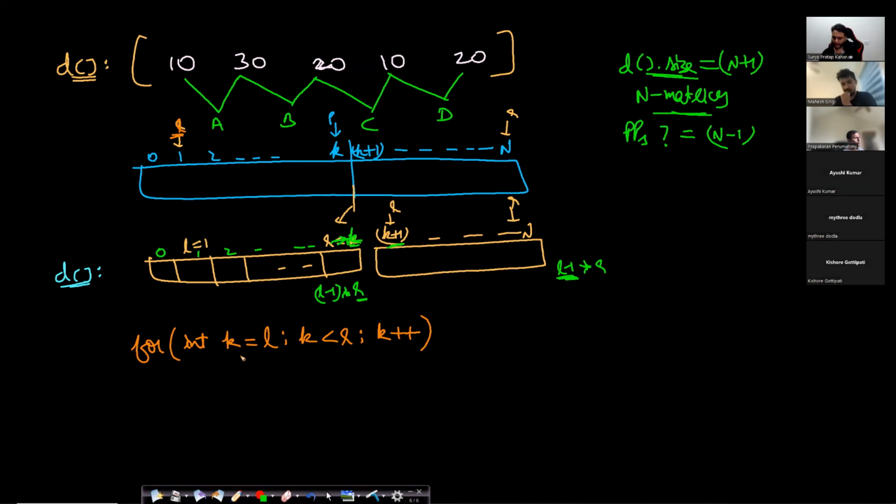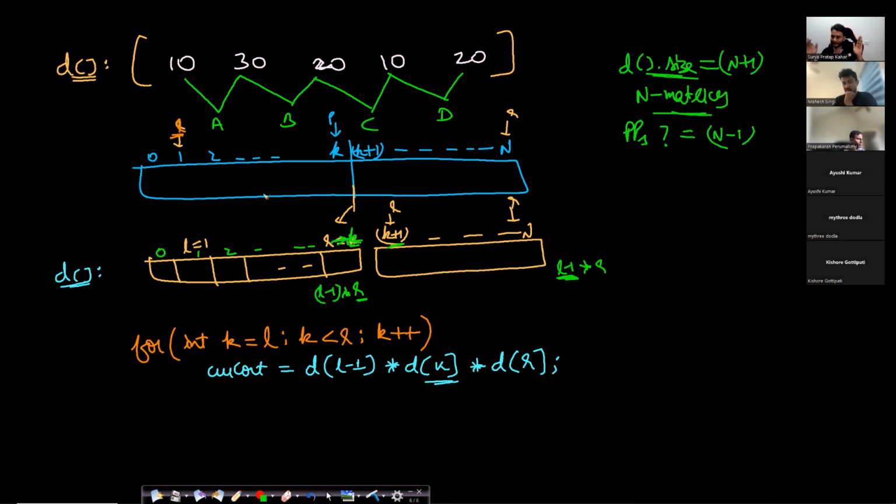And for each of the partition points, what will be the current cost of multiplication? It will be equal to D at L minus 1 into D at K into D at R, isn't it? And this K is only changing.